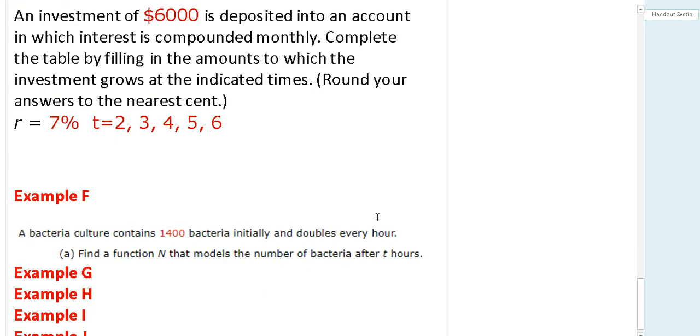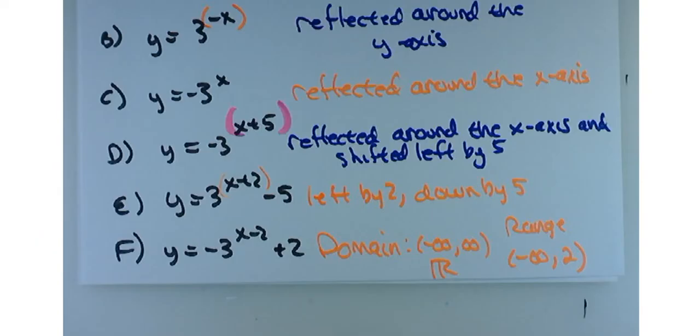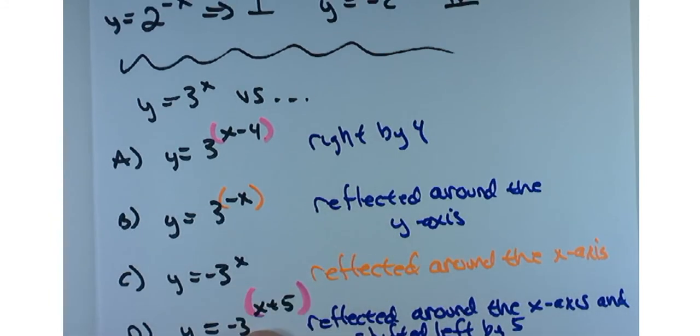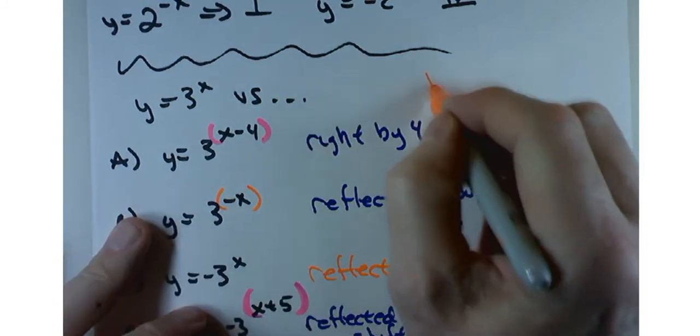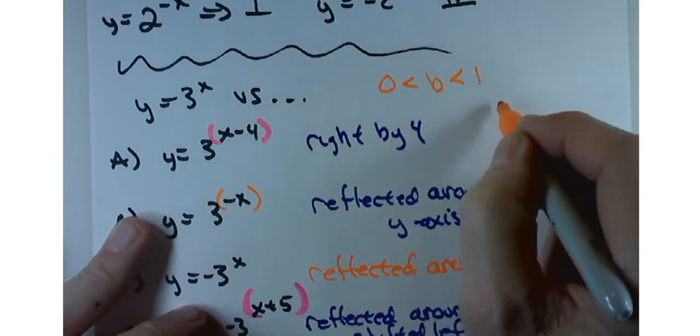There's a couple last ones that we want to knock off. These are going back to our graphing calculator. So what I would suggest that I want you to know for these kinds of problems is what these kinds of things do in terms of shifting our graphs. It's helpful to know that if your base is between 1 and 0, then your graph's going to be a decaying function.